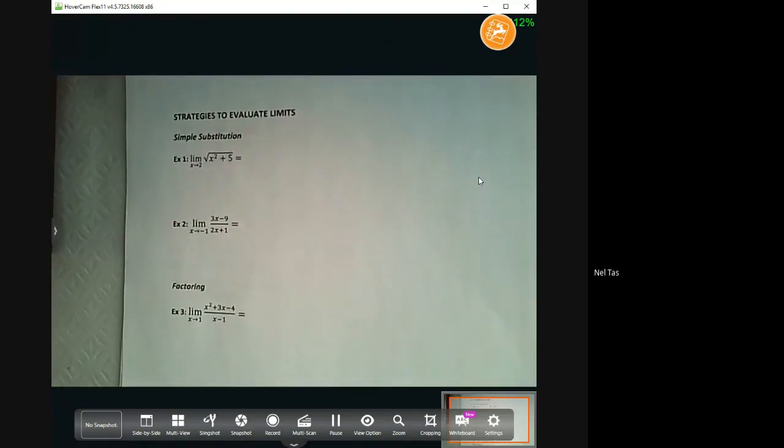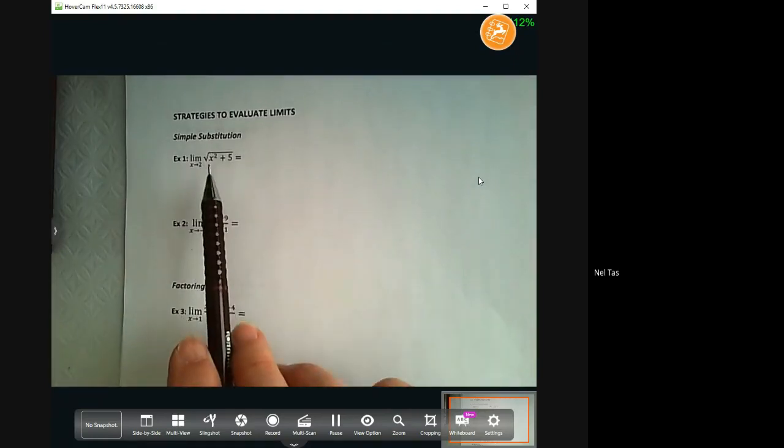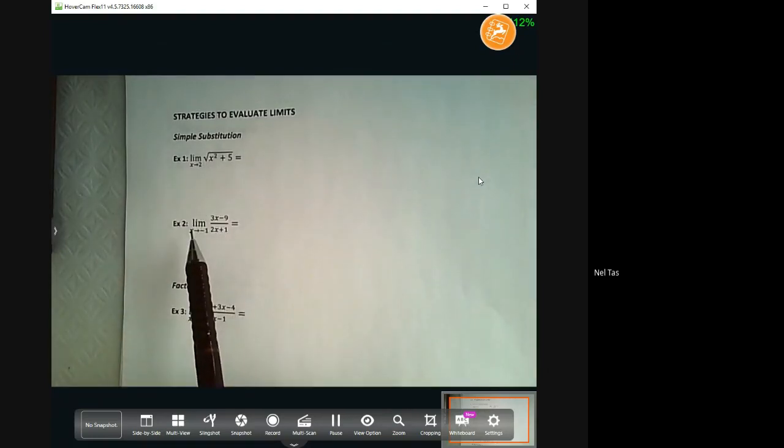Now we are going to look at some strategies for calculating limits. One strategy is simple substitution. If you don't get 0 over 0 when you substitute, then you have the answer right away.